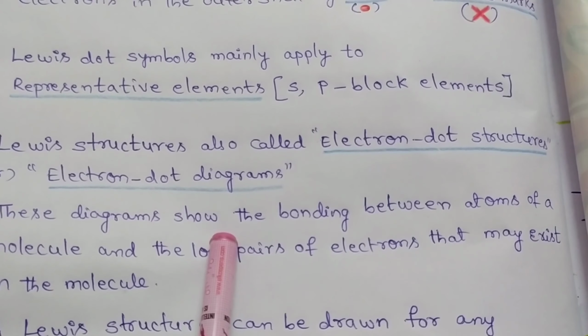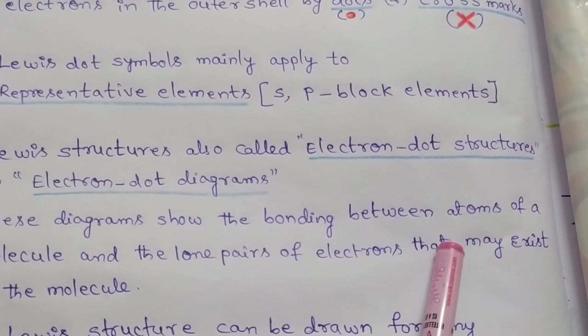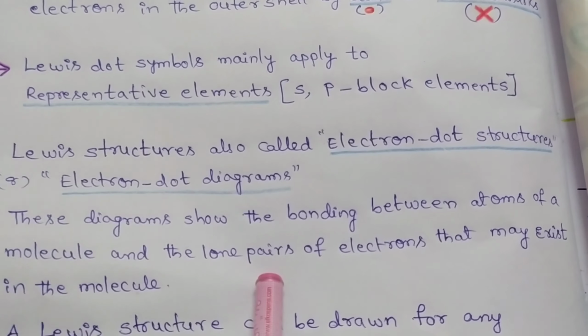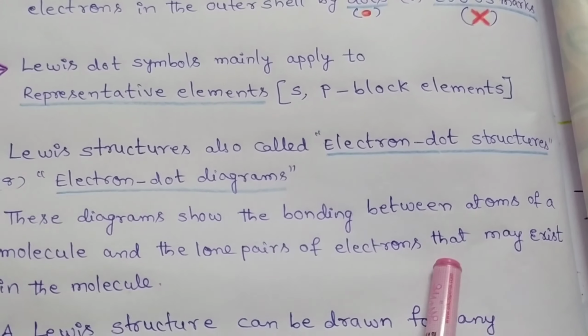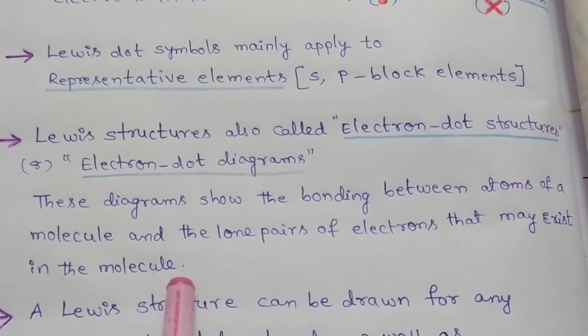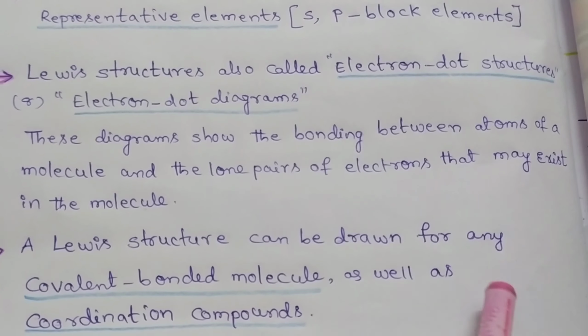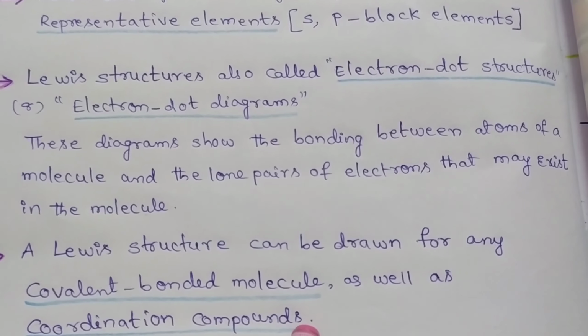These diagrams show the bonding between atoms of a molecule and the lone pairs of electrons that may exist in the molecule. A Lewis structure can be drawn for any covalently bonded molecule as well as coordination compounds.